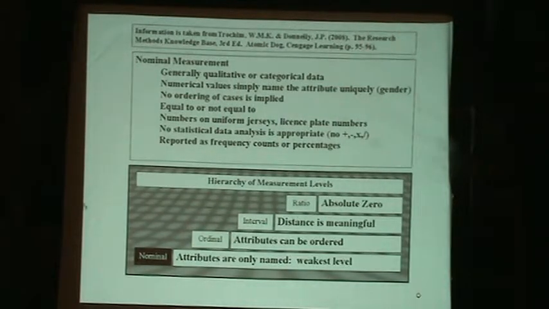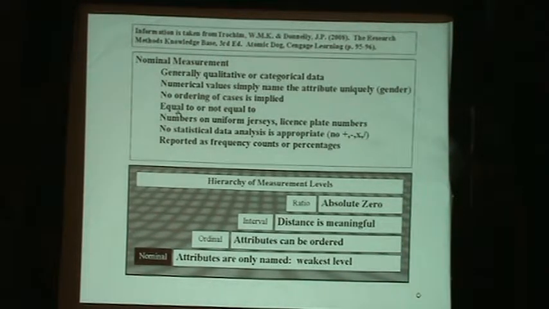The numerical values used simply name the attribute uniquely, like gender, like political affiliation. The numbers are meaningless. There is no ordering of the cases implied, so you don't need to rank Republican, Independent, and Democrat. The order makes no difference there. And nominal data says that something is equal or is not equal to.